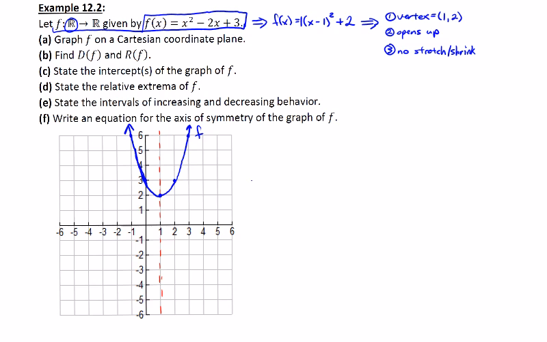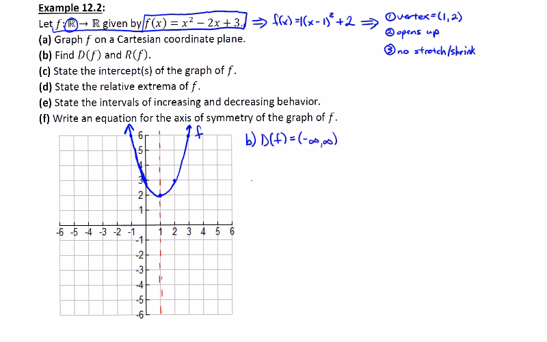I'm not being asked to graph that, but it's just a good habit to get into of graphing the axis of symmetry so that way you can visualize where the symmetry is within your parabola. So let's move on to part B. Part B wants us to address the domain and the range for this function. Well, the domain was already given to us. The domain is going to be all real numbers.